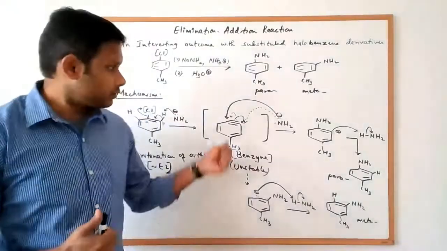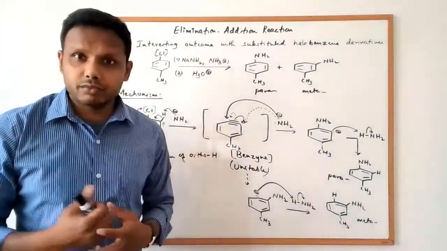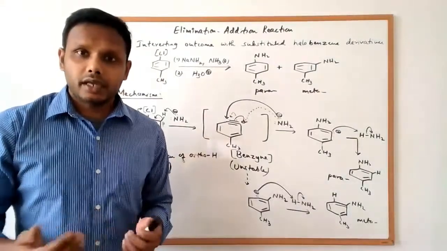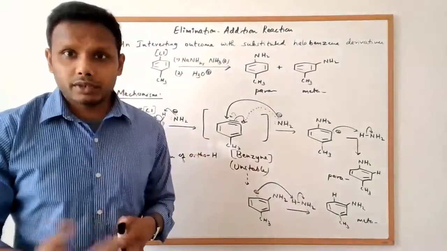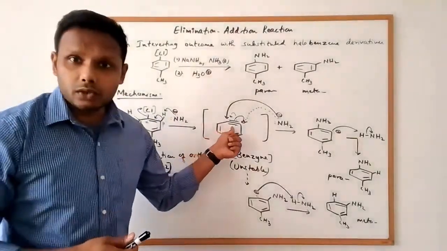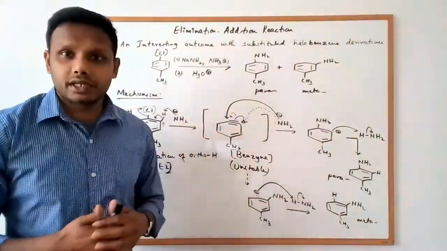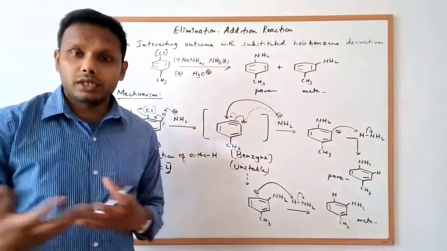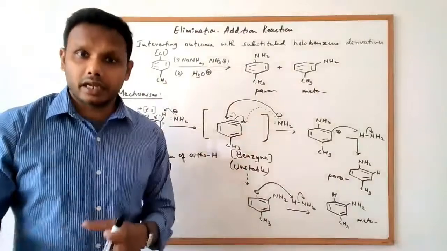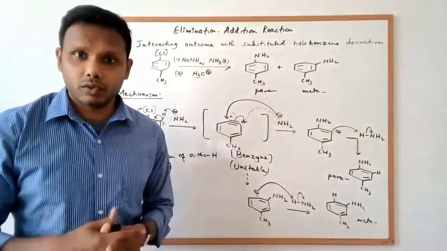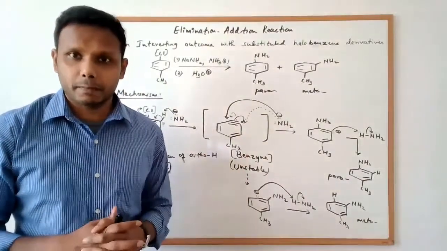So the formation of such a benzyne type intermediate in this reaction can be confirmed by indirect methods. One possibility is to do a Diels-Alder reaction on this benzyne intermediate, and then you can trap the benzyne intermediate into a product and analyze the product to see if there was a benzyne intermediate present.